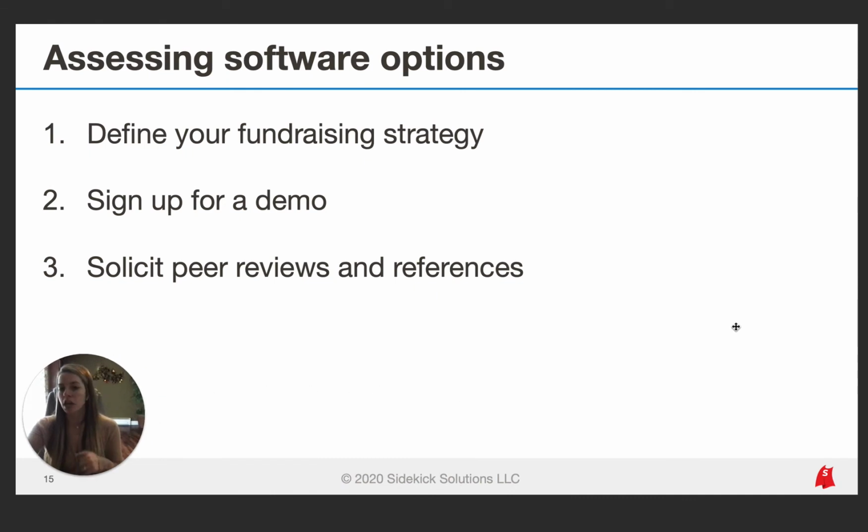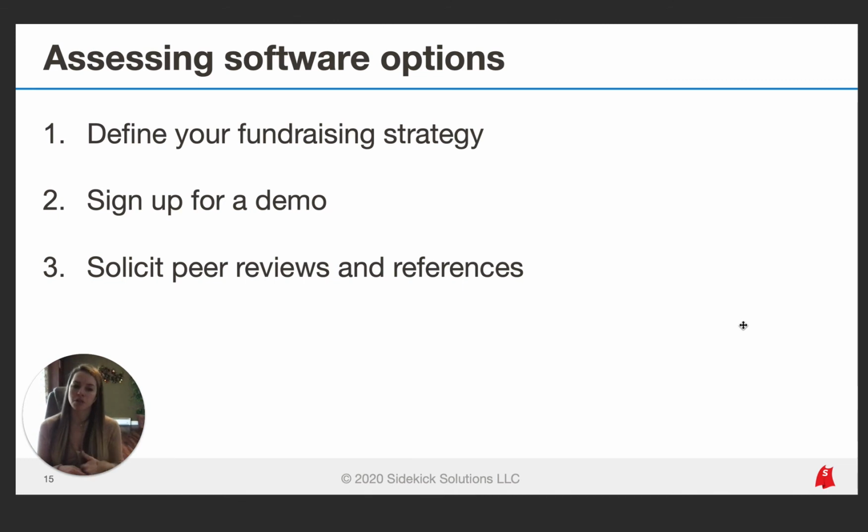Do you need custom reporting? Are you tracking grants? What are those different strategies that your organization uses? And create that list of your dream list, your wish list. What is everything that you absolutely need? Because this list is going to really help you in steps 2 and 3 here, because it's going to help whomever you're talking to about their software identify whether that software is a fit for you.